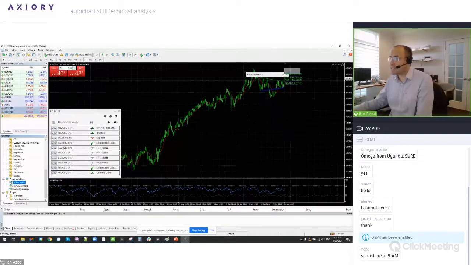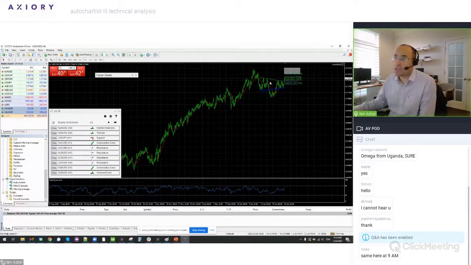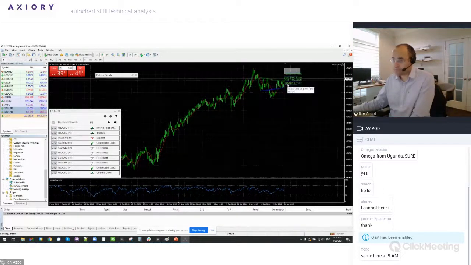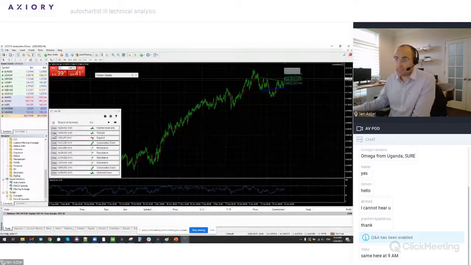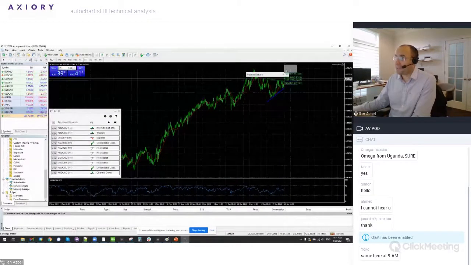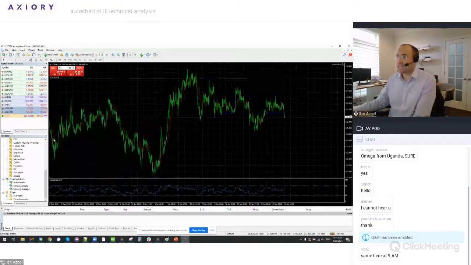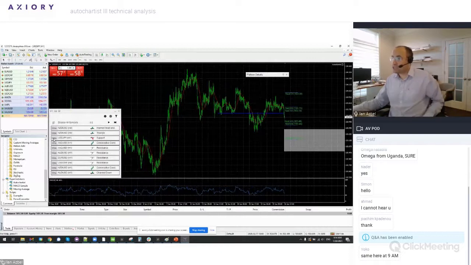So we can see that there is an inverse head and shoulders happening here on the Kiwi 4-hourly chart. All right, let's see what's happening on a larger scale. There's a triangle that points up, right? On the Japanese yen, looks like there's a breach through the support line, right? I'm sure you agree with that, a breach to the support line.